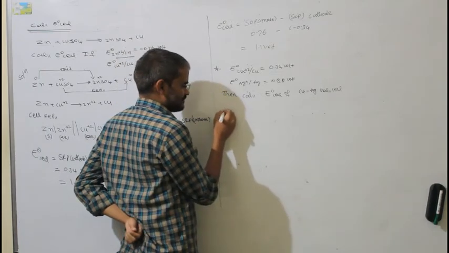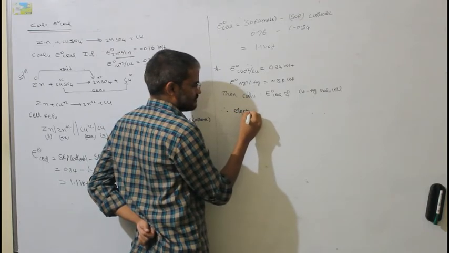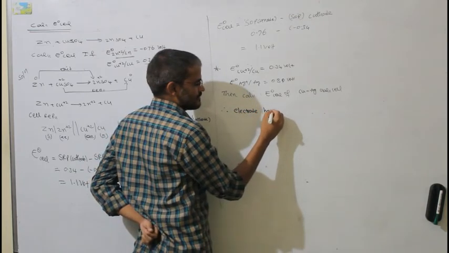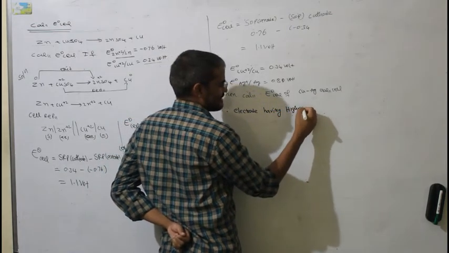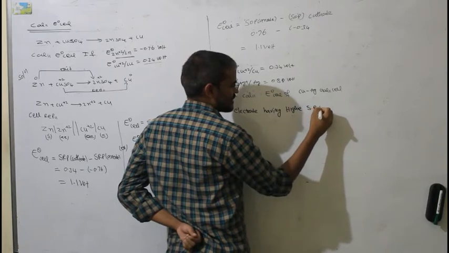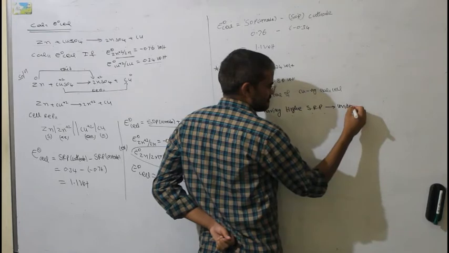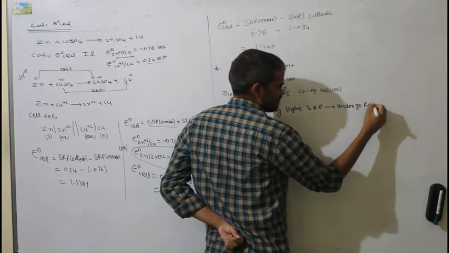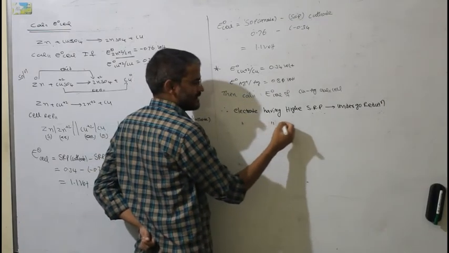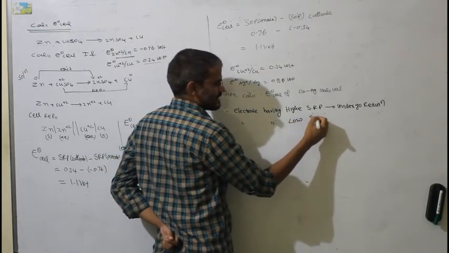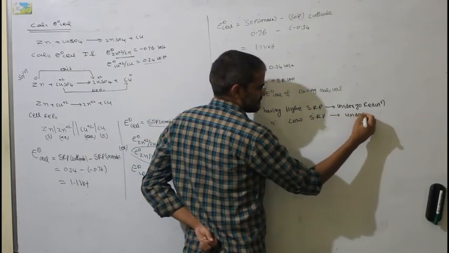An electrode having high standard reduction potential value undergoes reduction; an electrode having low standard reduction potential value undergoes oxidation.